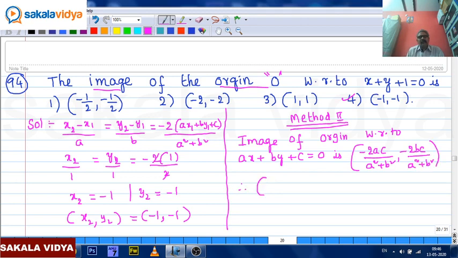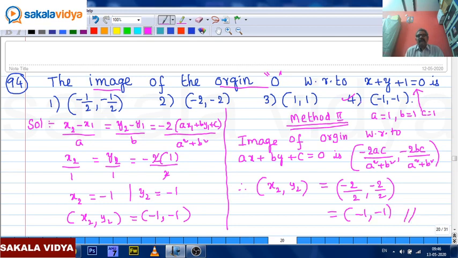Therefore, x2 comma y2 is equal to, here actually you see a equals 1, b equals 1, c equals 1. Comparing this equation, substituting, minus 2 by a square plus b square, 2, comma minus 2 by 2. So, answer is minus 1 comma minus 1. That means fourth option is the right option.